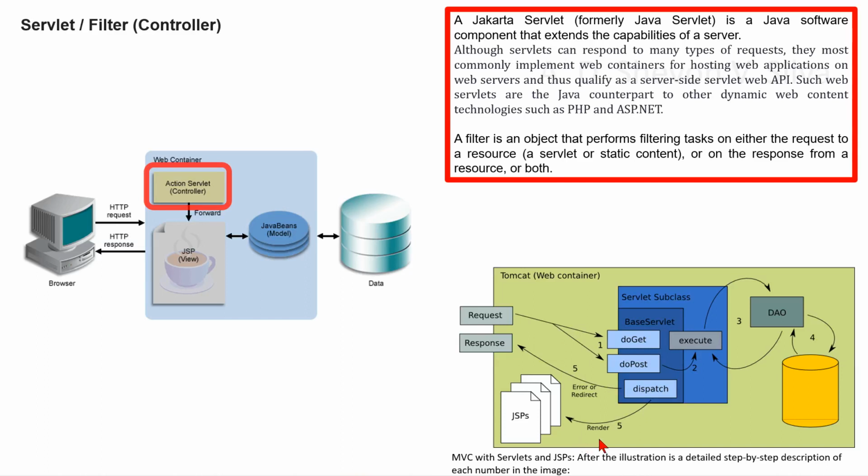Now here you can see the illustration, a detailed step-by-step description of each number in the image in MVC with Servlet and JSP. Servlets were very popular even before JSPs arrived, and because of their easy use and fast deployment model, they were used to do everything.